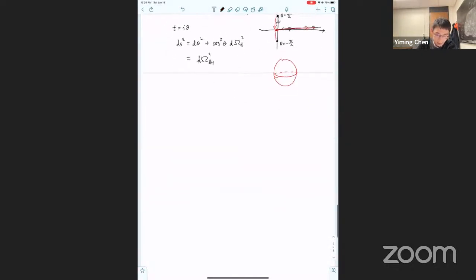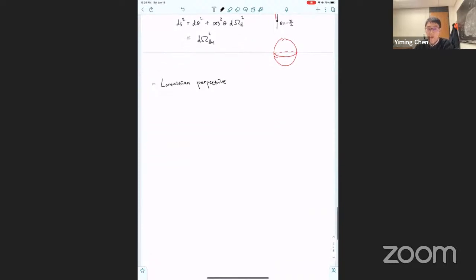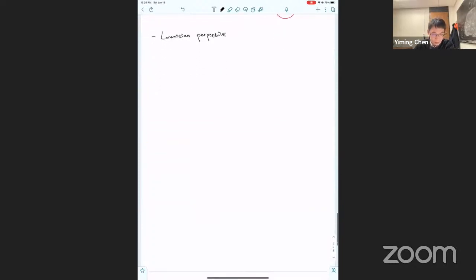Okay, let me move on to the Lorentzian perspective of deriving the fact that Rindler space has a finite temperature. The idea is that in Lorentzian signature, we don't talk about the Euclidean path integral anymore, but we talk about stuff like mode expansion and exciting a particle.